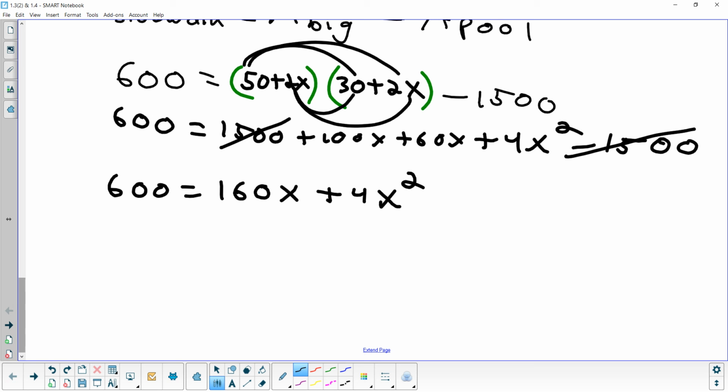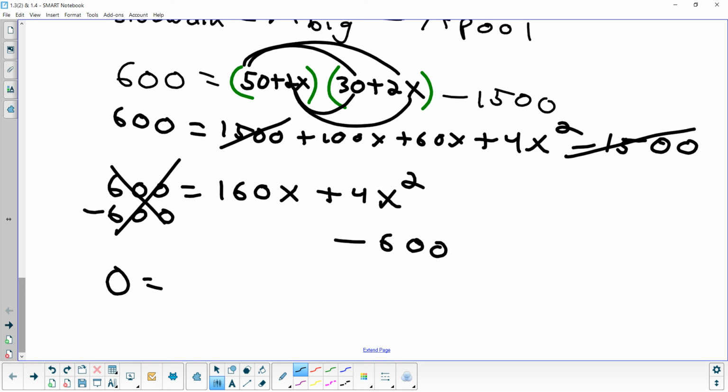The first step to using the quadratic formula is to get it equal to 0. How about, Chloe, how can I move this 600 over to the other side? You can subtract. So we want to put this over there. Right now, is that a positive 600 or a negative 600? Positive. So what would be the opposite of that? Subtracting. So we're going to subtract 600 over here.